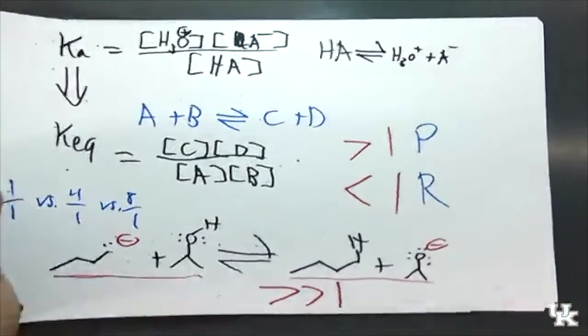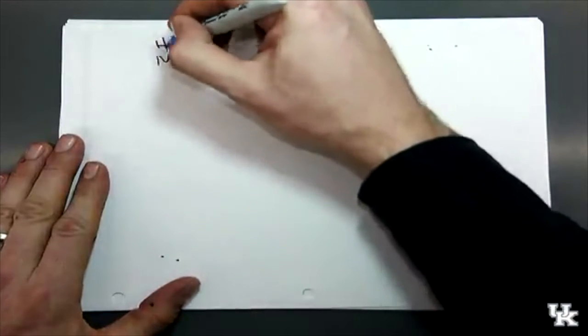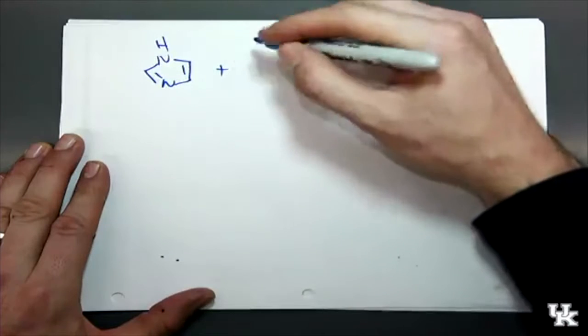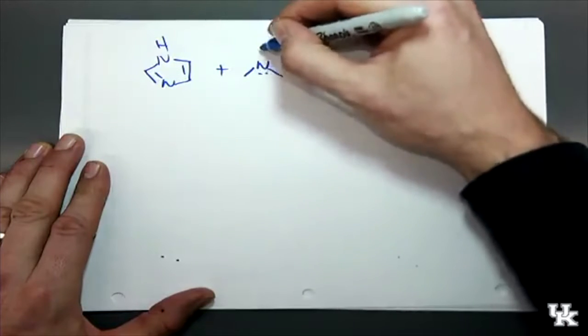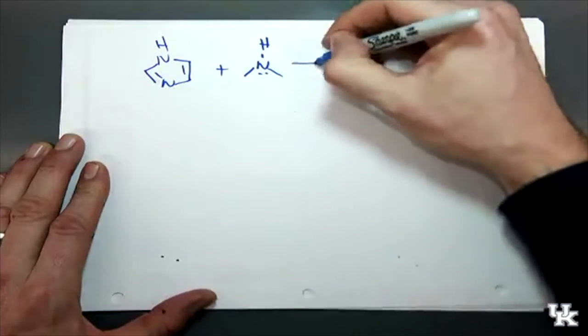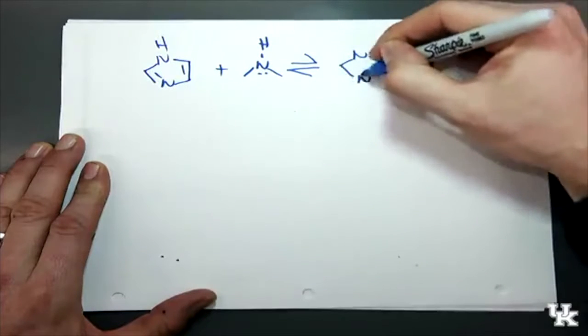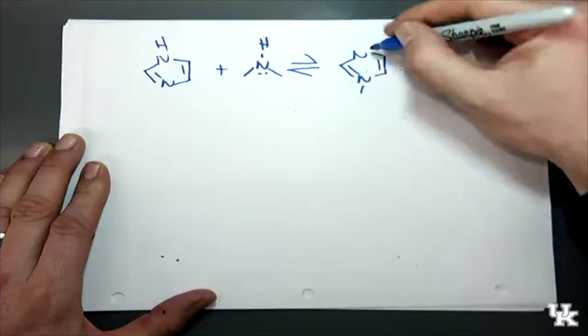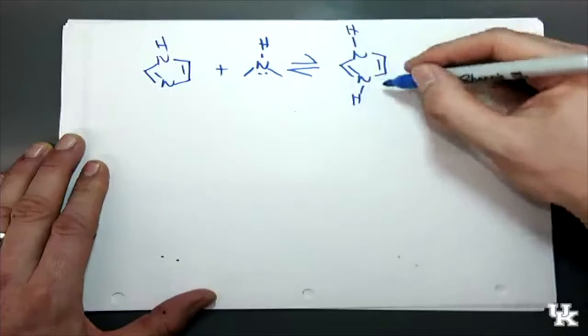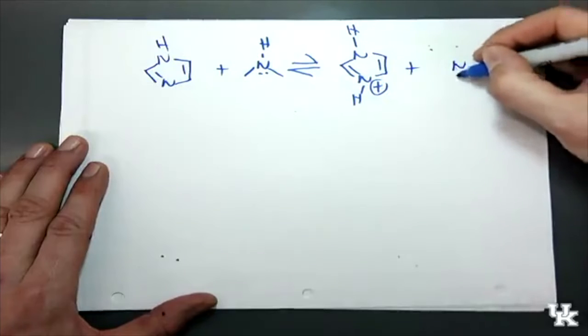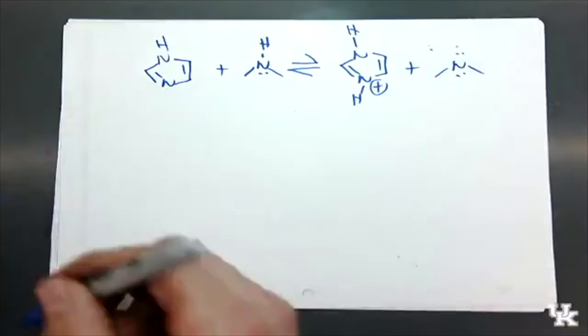Okay, great. And then one other small example that we can draw is something that's a little less apparent, but in this case, if we have imidazole and we add in dimethylamine, and we look at its equilibrium, we can see that the products would be this protonated imidazolium plus a deprotonated dimethylamine.